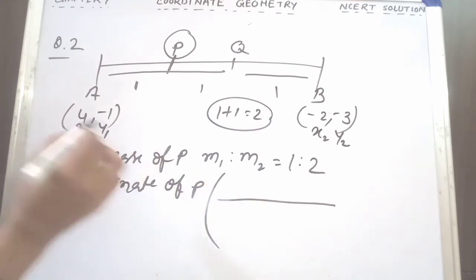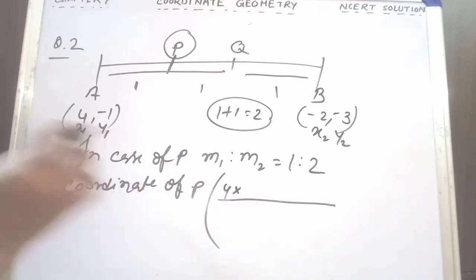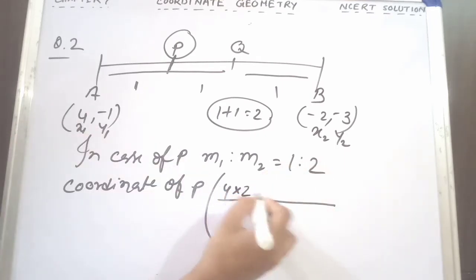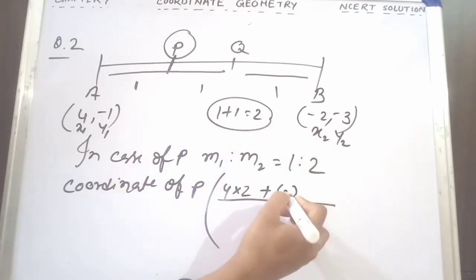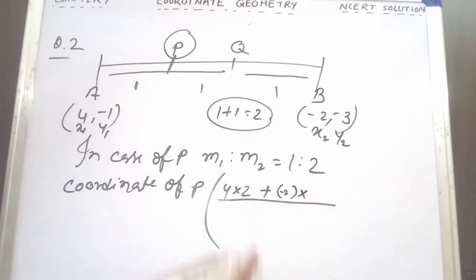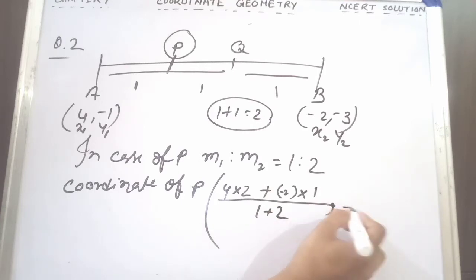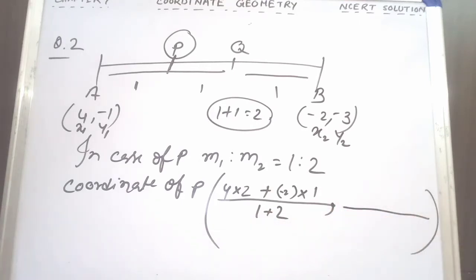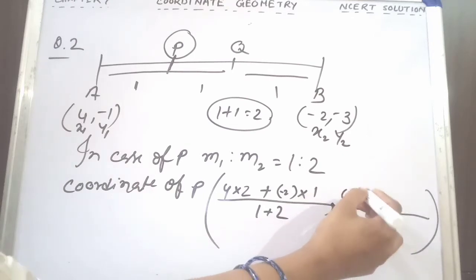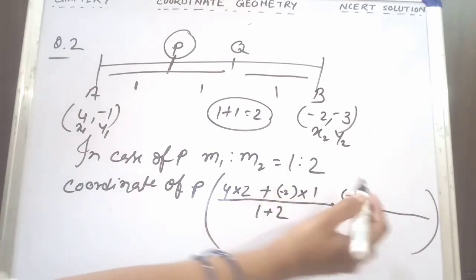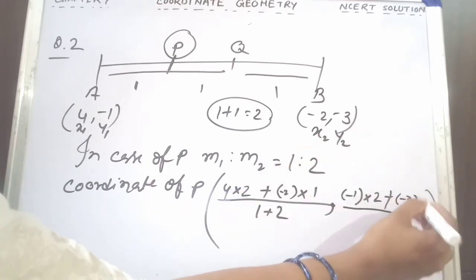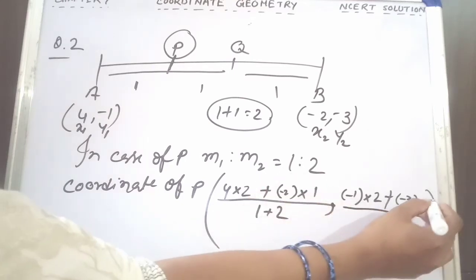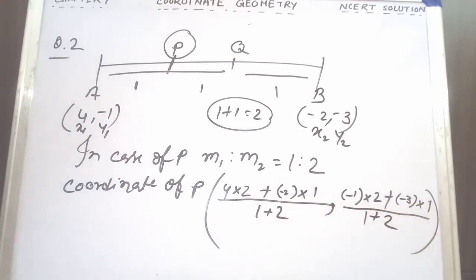So x1 means 4, x1 M2, plus x2 means -2, x2 M1 means 1, by M1 plus M2. And the y coordinate is y1 means -1, y1 M2, plus y2 means -3 into 1, by 1 plus 2.